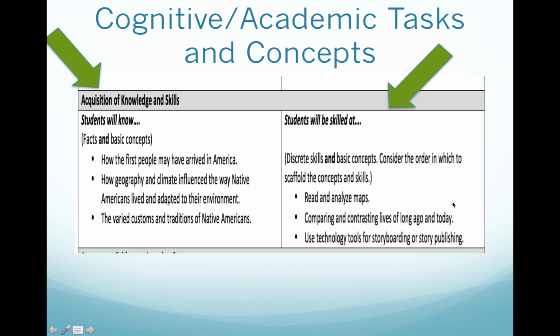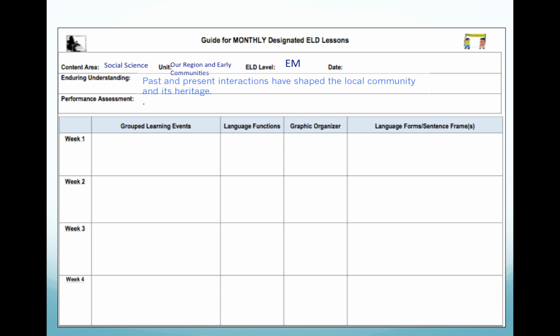So I know during that designated ELD block for that whole month that I'm doing this unit, or however many weeks, this is what I'm really getting to, because this connects directly to that summative performance task. I know my work during designated ELD is to help students compare and contrast the lives of long ago and today, because that's the main task. I'm going to write that in.